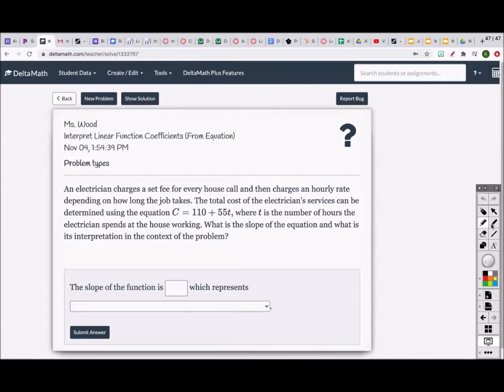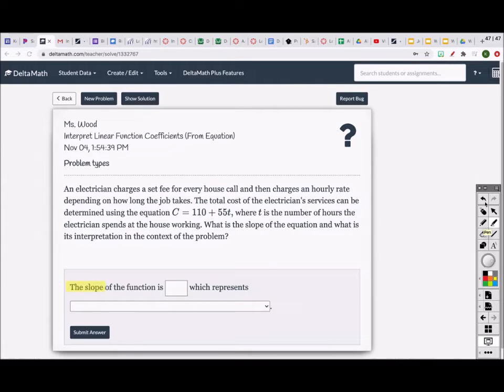So the first thing I want you to do is make sure you've logged into DeltaMath, and you are going to be clicking on the Interpret Linear Function Coefficients from an equation. That's the top one. Now, there are three different types of questions I want you to see. There are going to be ones that ask for the slope of the function.